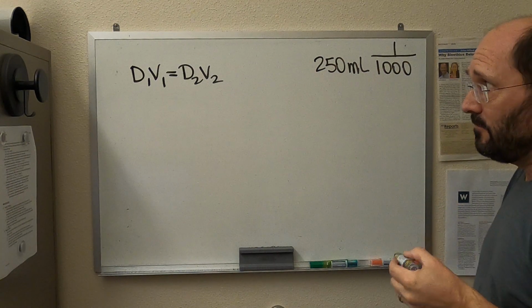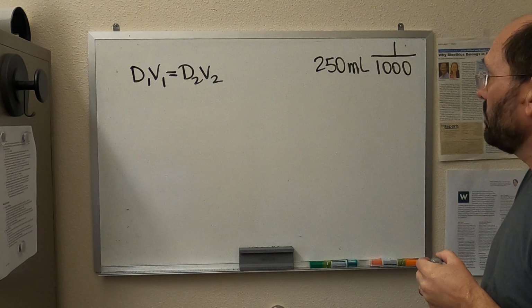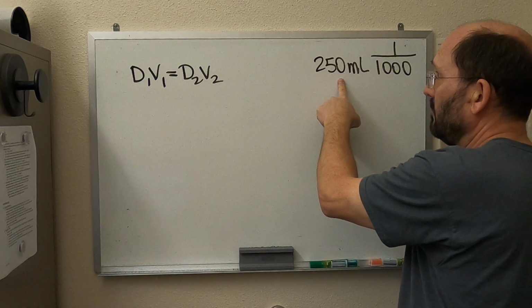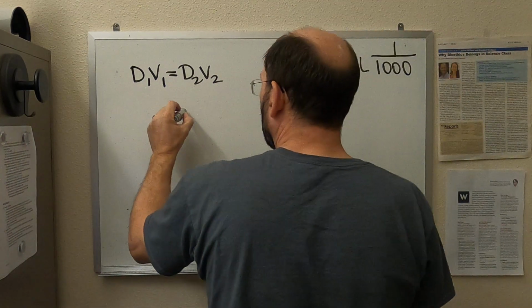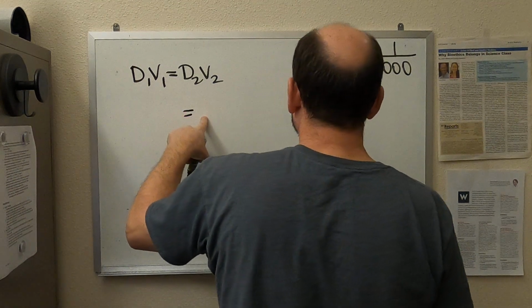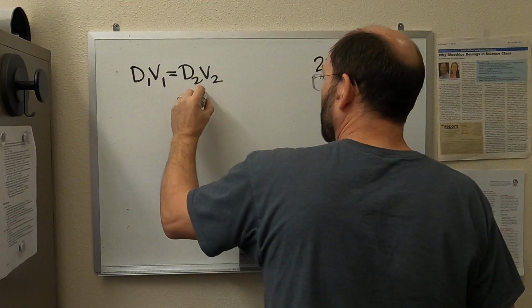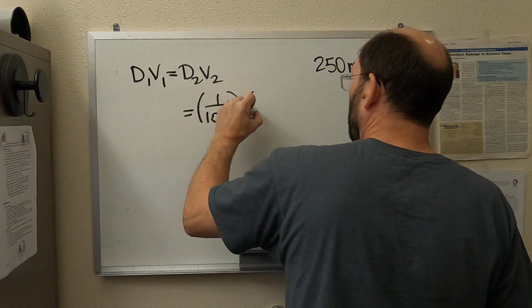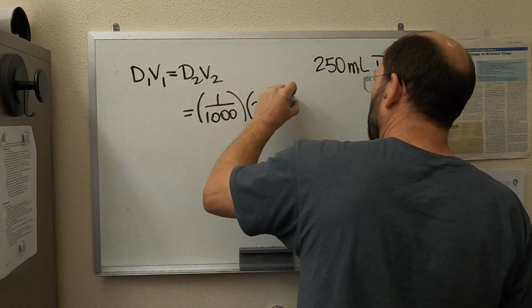So we know a few things here. We know our final volume is going to be 250 milliliters. We know our dilution is 1 over 1000. That's our D2.